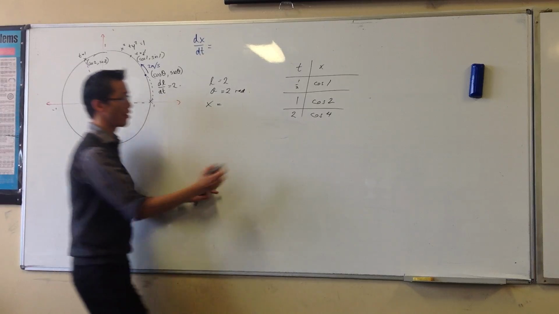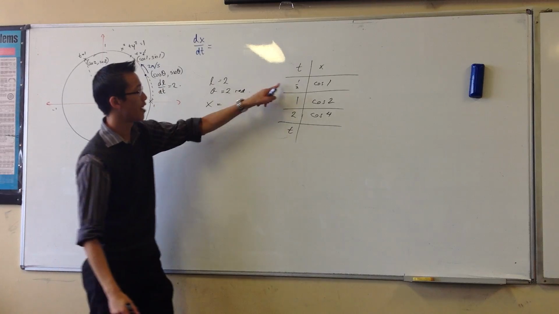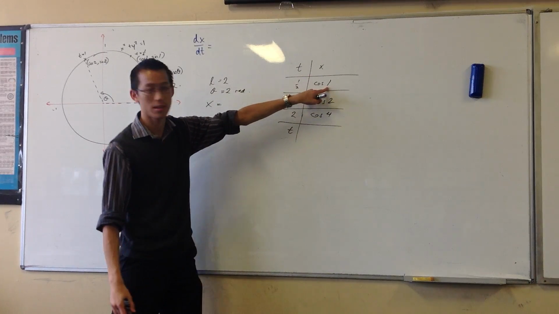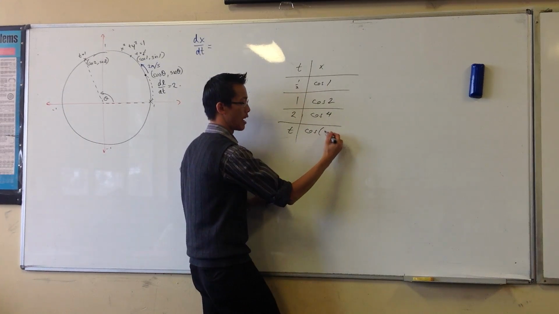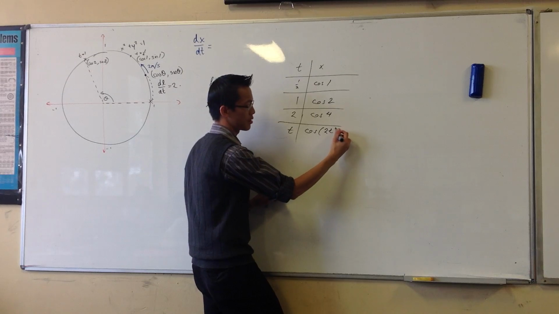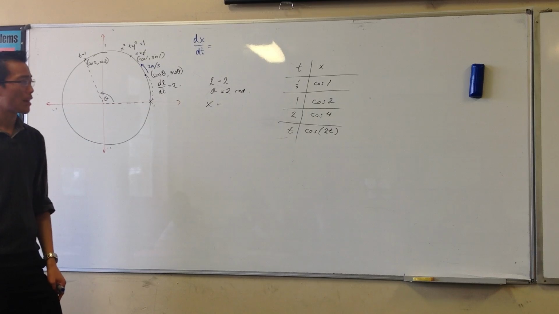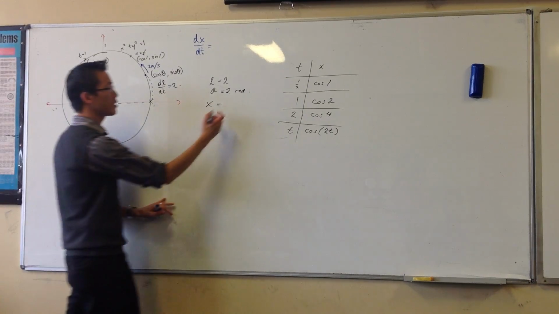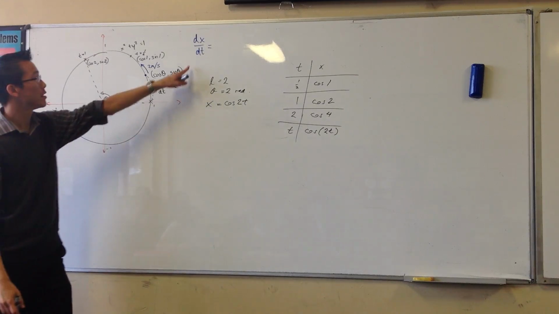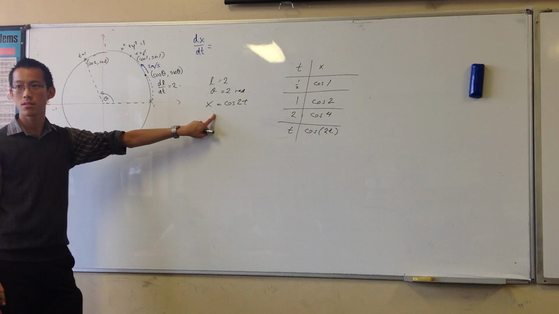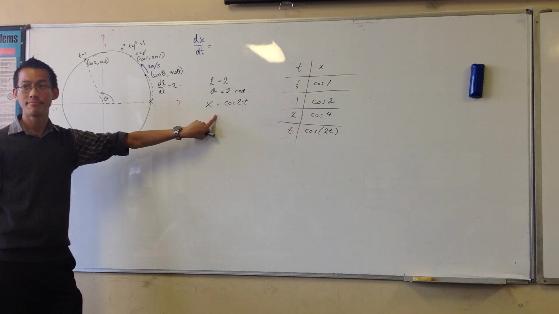How would I explain, if I was at time t, what kind of pattern can I see? Well, whatever this thing is, it's always double the time, right? So it's cos of double the time. Can you see how I formed that pattern? Okay, now, why is this useful? Because if x equals cos 2t, now I can start working toward dx/dt, because I can differentiate this. What's the derivative? It's an easy one. You can do it in your head.